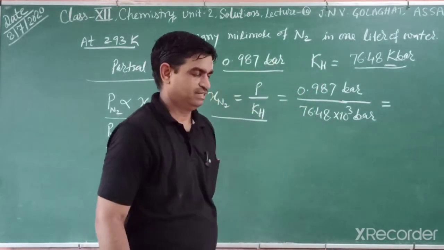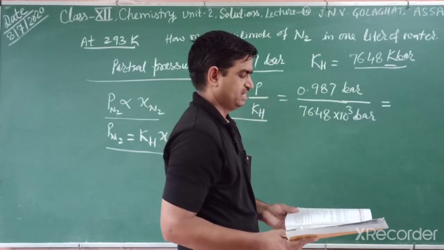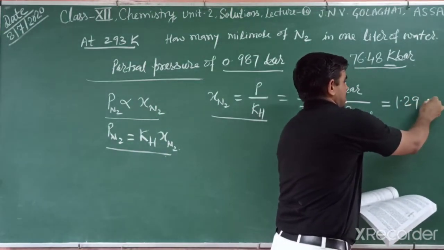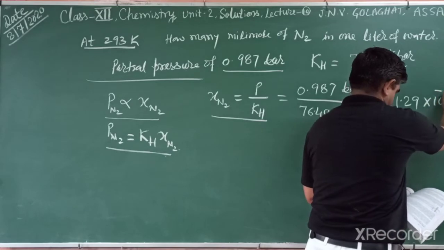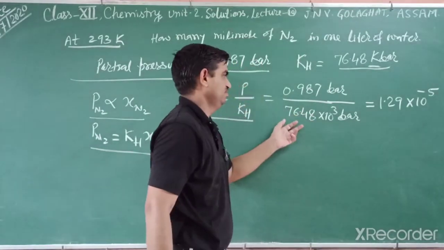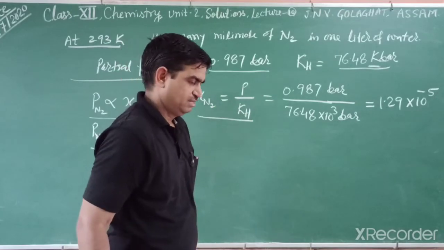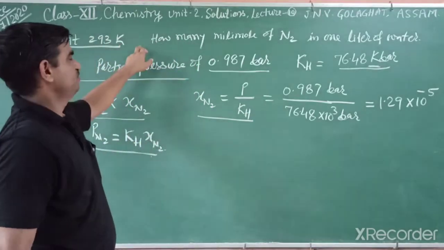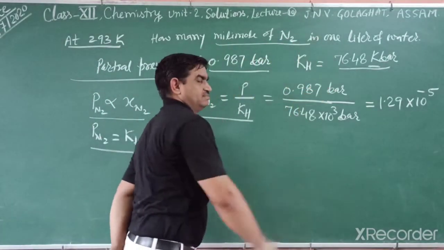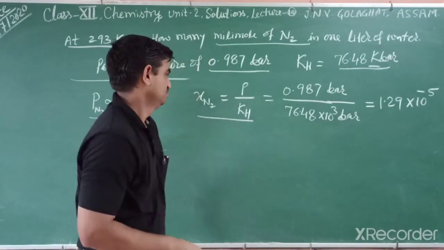By solving the numerical, we find 1.29 into 10 to the power minus 5. This is the mole fraction of nitrogen. But what we have to find is how many millimoles of nitrogen are in 1 liter of solution.